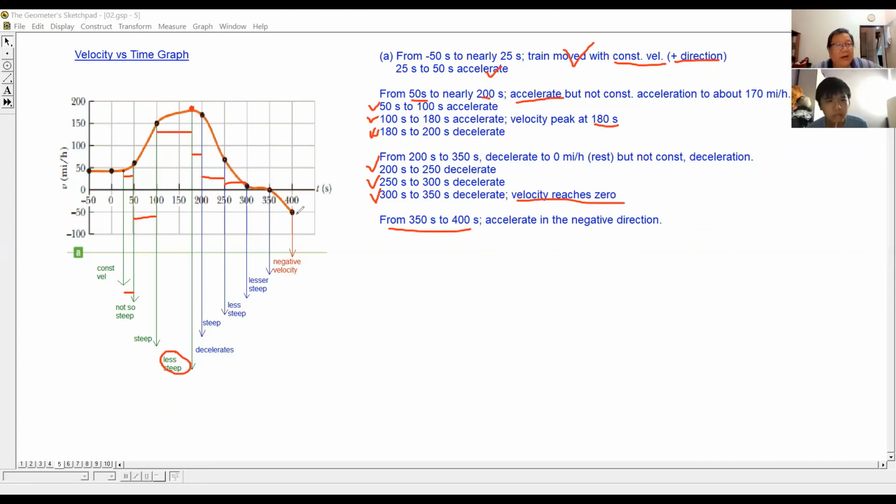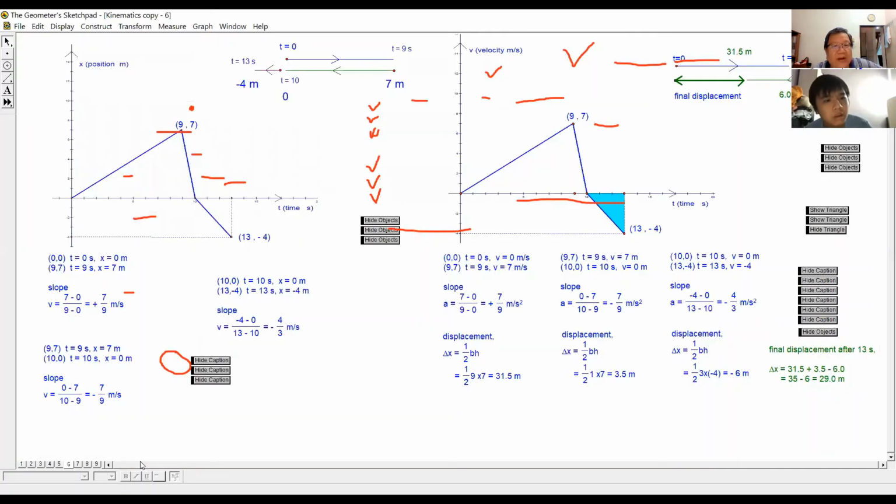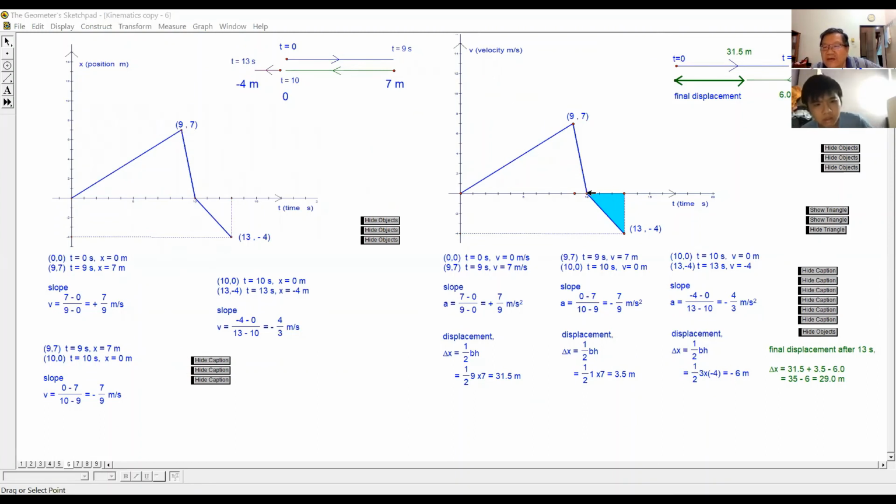Okay, you remember the other one? Where is the other one? I think it's this one. Yes, this one, right? So you remember this negative velocity, but the velocity is increasing, in the negative direction.